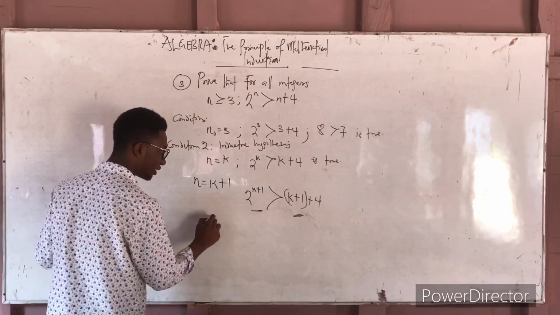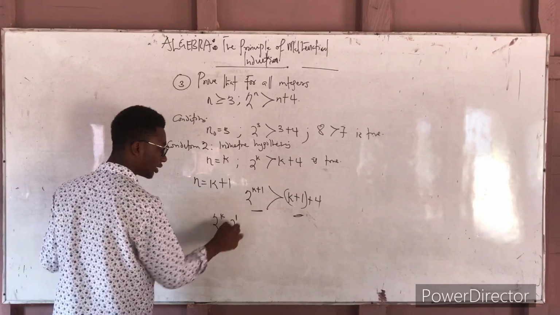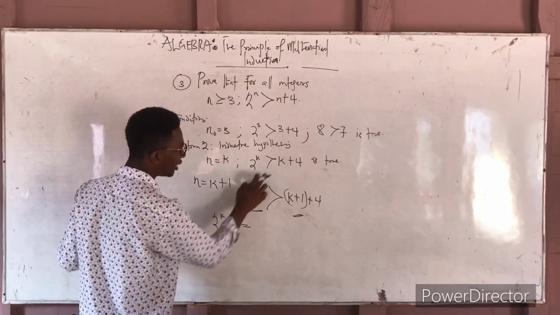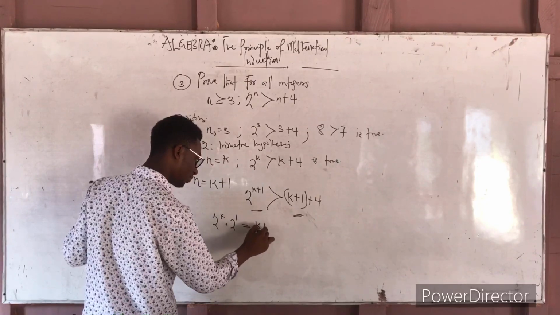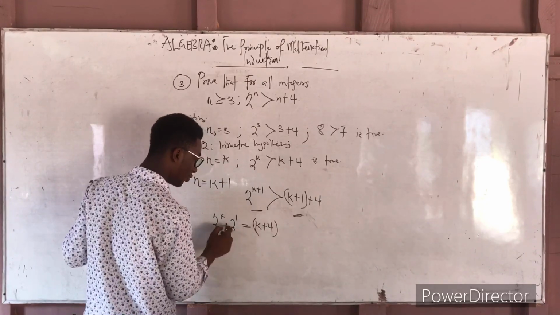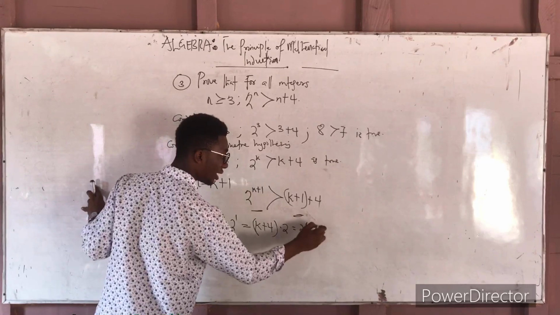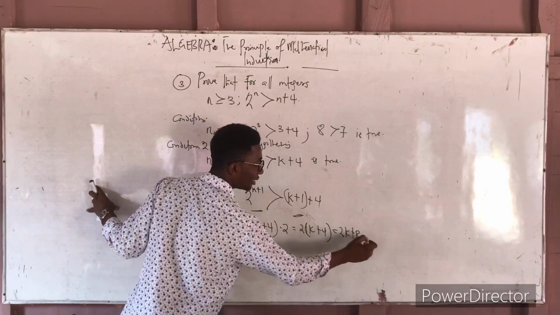So now with the left-hand side, we have 2 to the power k plus 1, which by indices is 2 to the power k times 2 to the exponent 1. So now what do we get from the left-hand side here? We realize that 2 to the power k is already greater than k plus 4. So that means the 2 to the power k here can now be k plus 4 multiplied by 2, which is the same as 2 into bracket k plus 4, giving you 2k plus 8.